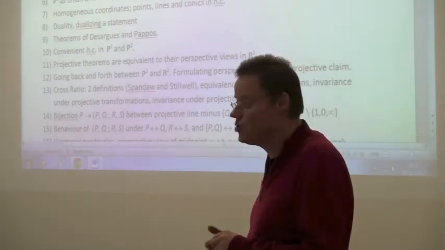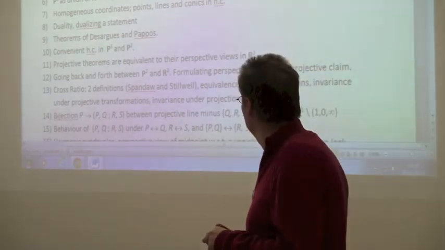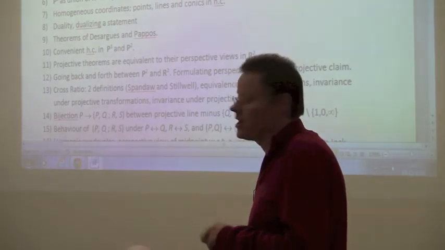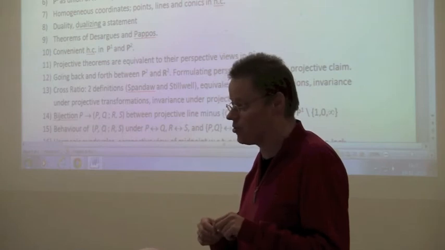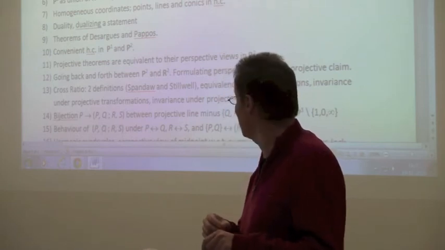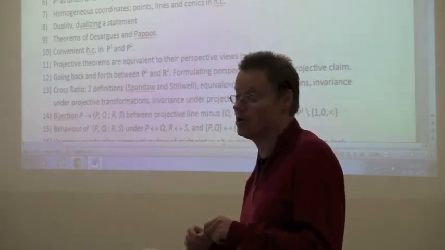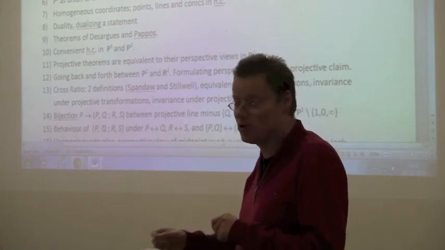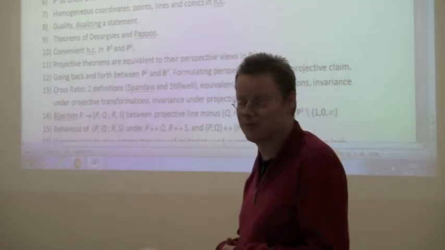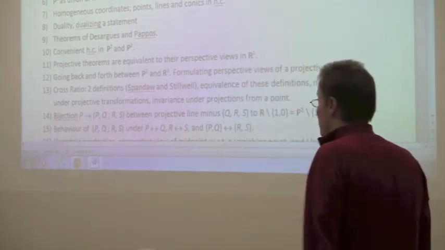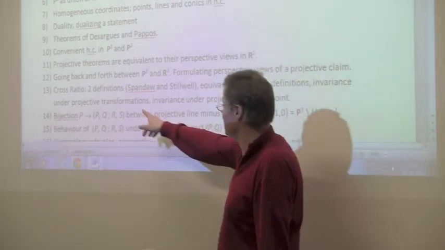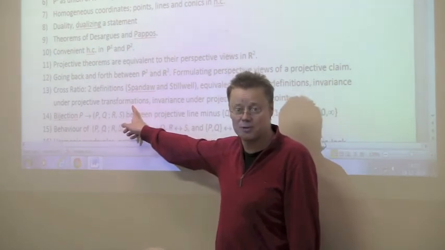There are 2 definitions. Stillwell has a definition in inhomogeneous coordinates, and I gave a definition in homogeneous coordinates. And we saw during the lecture that they are equivalent. Why are cross ratios important? Well, because of this. They are invariant under projective transformations.